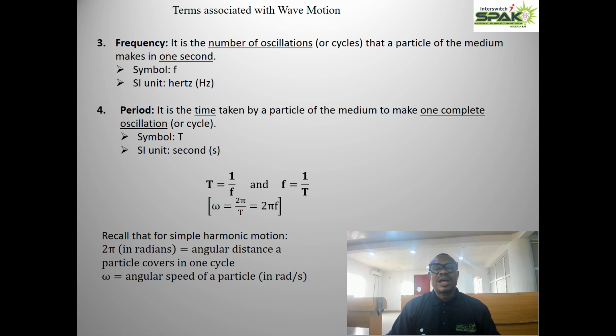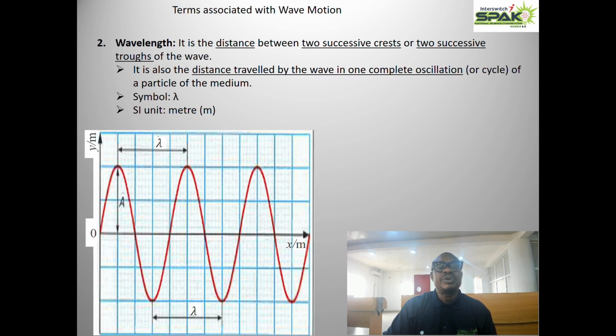Okay, so how can we get the number of oscillations? In your question, they can give you the oscillations directly, or they can give you a graph, just as we have in our previous graph here. Look at this graph. How can I count my oscillations? 1 cycle is equal to 1 oscillation, or 1 vibration, or 1 revolution. So what is that 1 cycle, which is 1 wavelength?